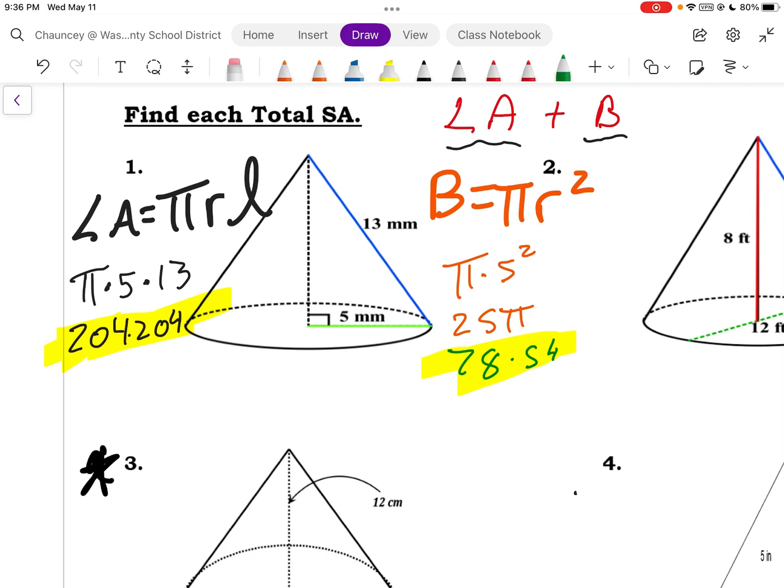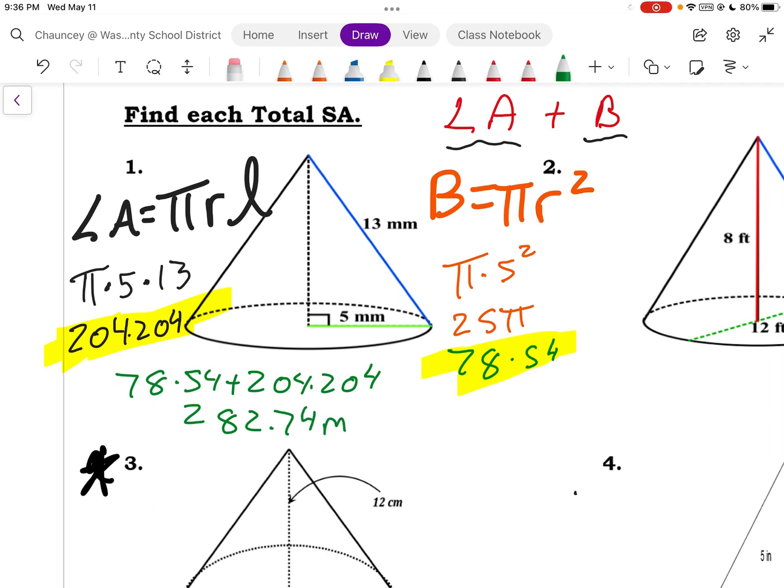So if we add those two together, our lateral area and our base, we got 78.54 plus 204.204. And if you add that together, you should get 282.74.